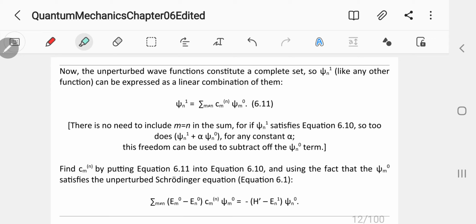Now the unperturbed wave functions constitute a complete set, so we can write any function, and as a matter of fact phi_n^1, as an expansion of that complete set.